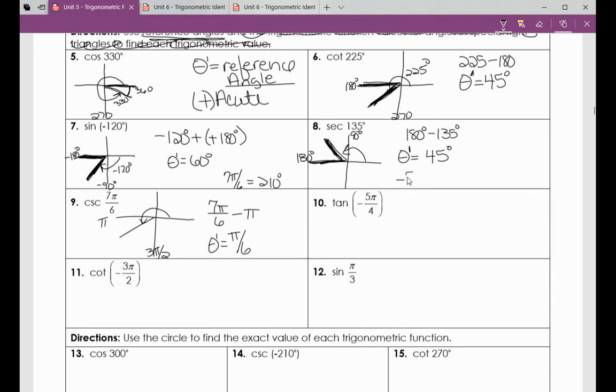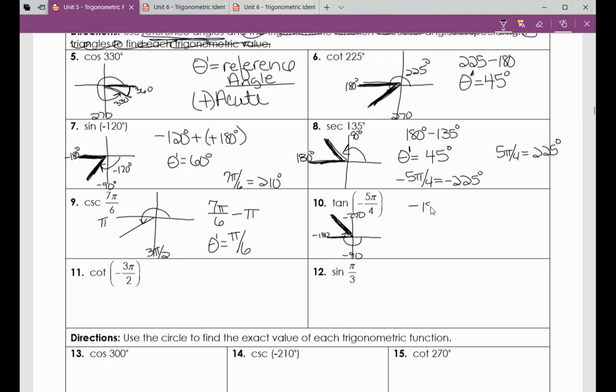All right, negative 5 pi over 4. Where is positive 5 pi over 4? What's the value of 5 pi over 4? 225, which means negative 5 pi over 4 is negative 225. If this is negative 180, this would be negative 270, because that would be negative 90. So negative 225 falls here. My reference angle is still this distance.